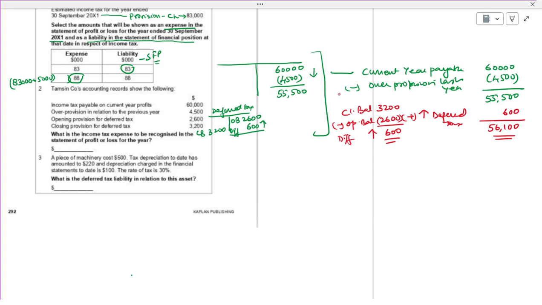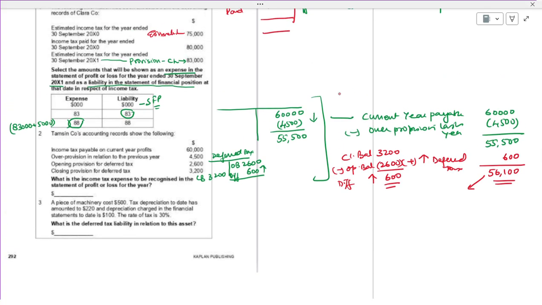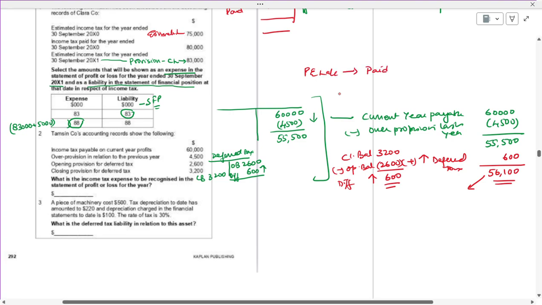What is the income tax expense to be recognized in the profit and loss account? Be clear about what we recognize in the profit and loss account and what we recognize in the statement of financial position. In the profit and loss account, we will recognize the net amount paid.